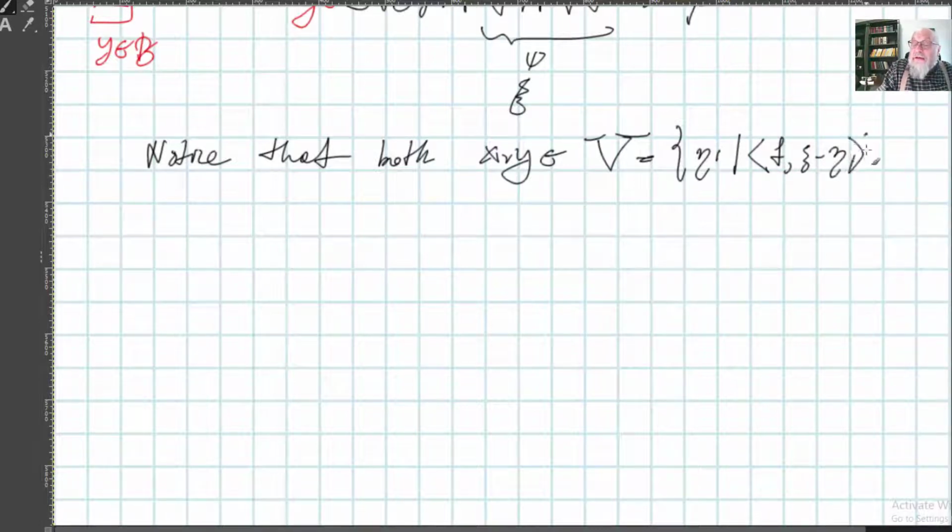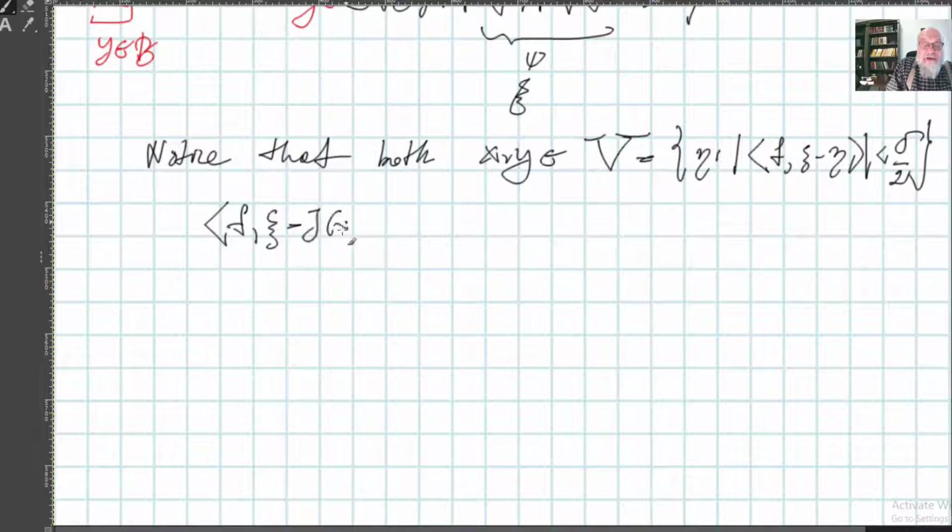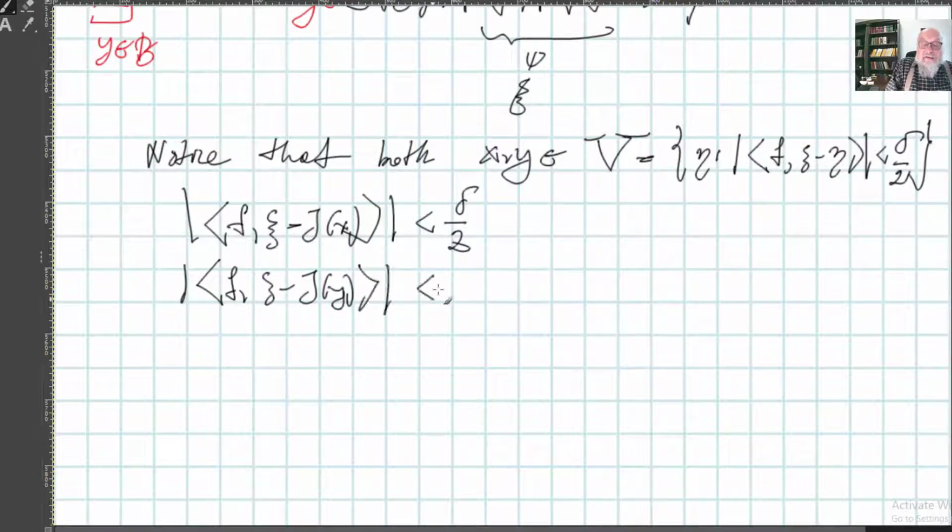So let's rewrite it. I'm getting here F applied to ψ minus j of x, absolute value smaller than delta over 2. Similarly, I have ψ minus j of y, smaller than delta over 2. Rewrite it, and how can I rewrite it?